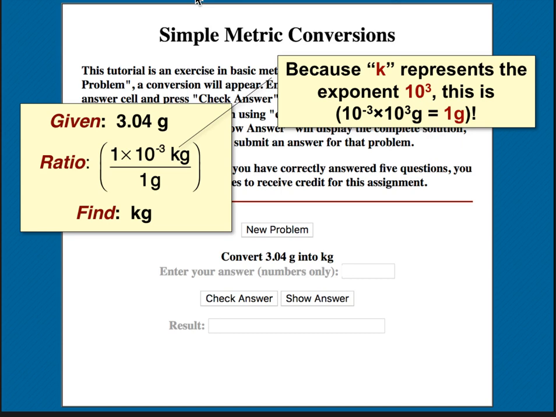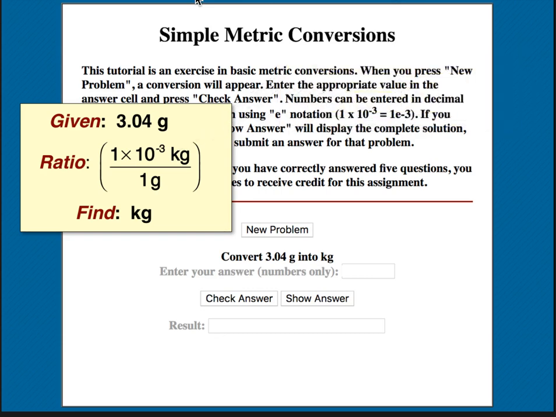Multiply those together, that's 1 gram. All right, so we take our 3.04, grams cancel, multiply it by our 10 to the minus 3. We get 0.00304.